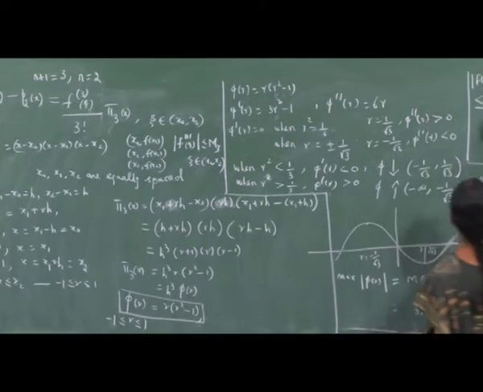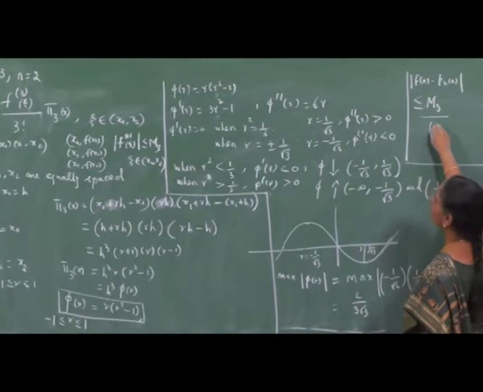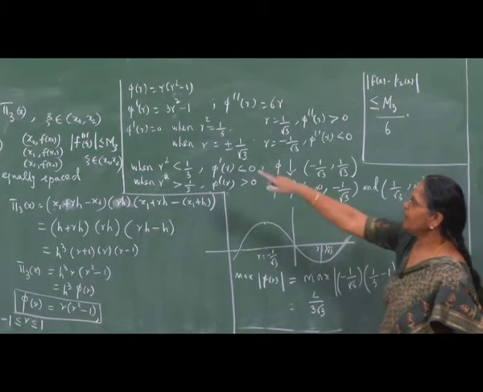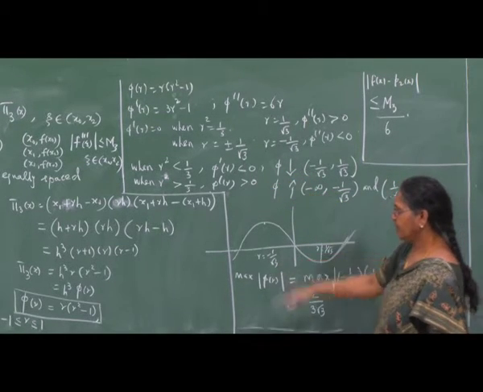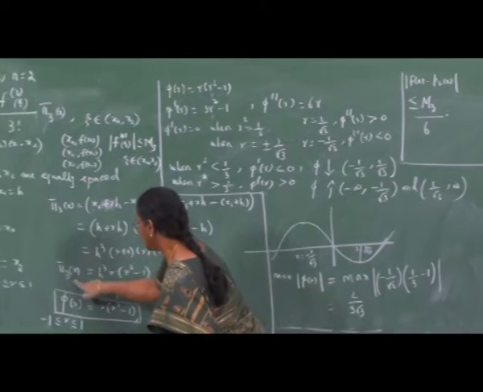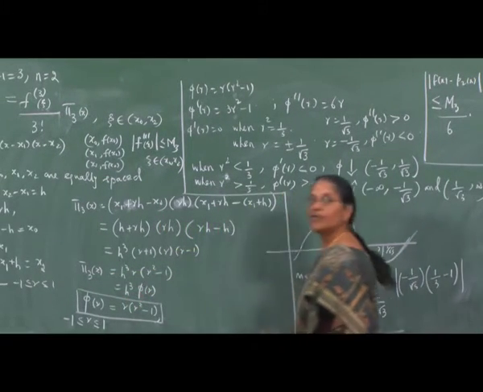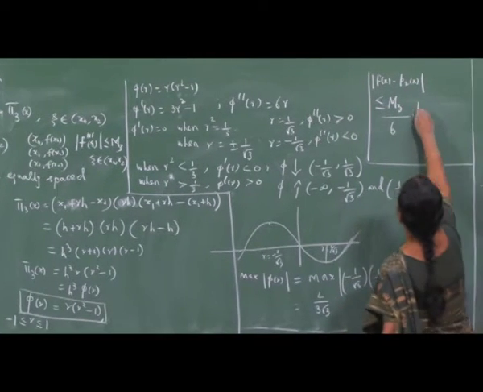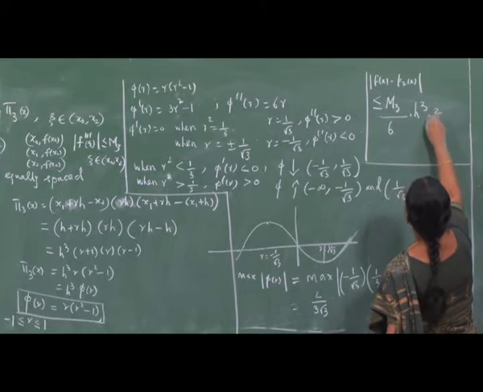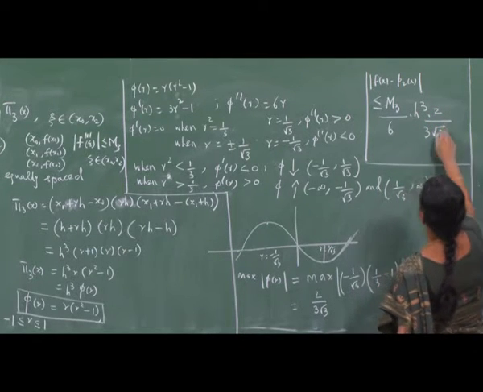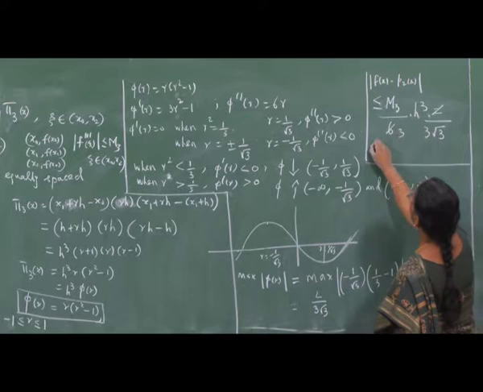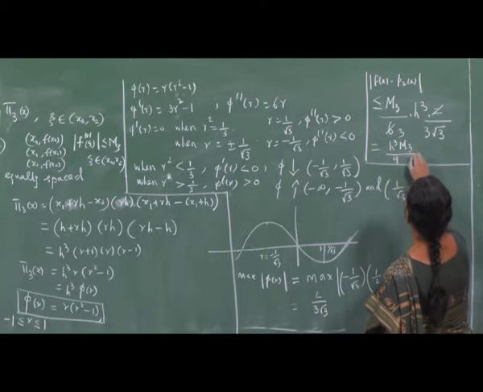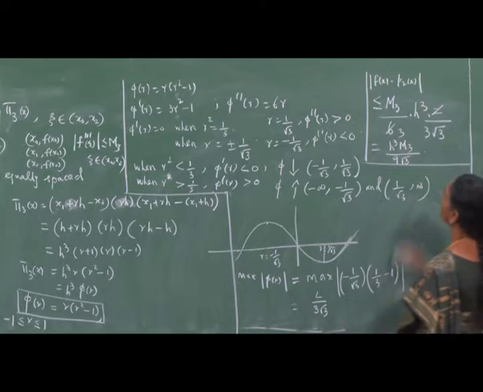So, m 3 by 3 factorial, that is 6 into maximum of pi 3 of x. Pi 3 of x is h cubed into phi of r, and we have the result here. So, that gives you h cubed into 2 by 3 root 3. So, this is h cubed into m 3 divided by 9 root 3.